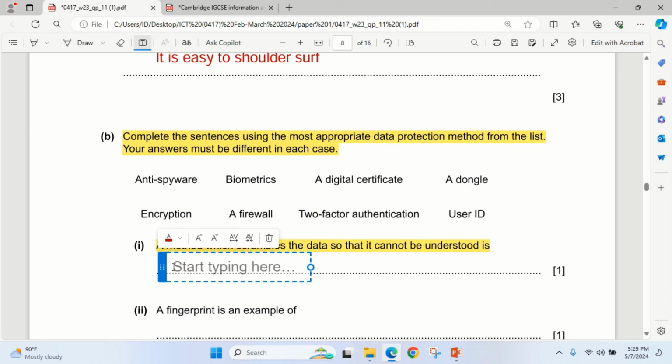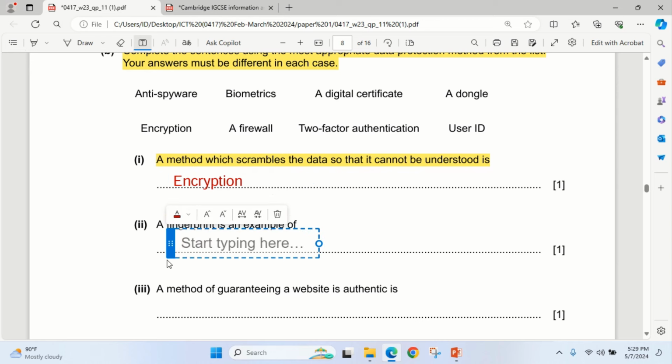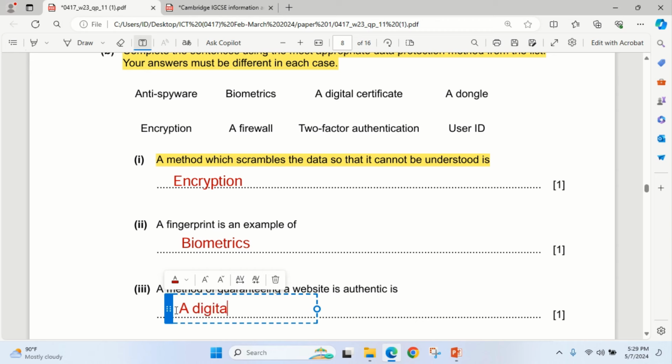Then the next one, a fingerprint is an example of this. A fingerprint, that is biometrics. Then the third one, a method of guaranteeing a website is authentic, that is a digital certificate.